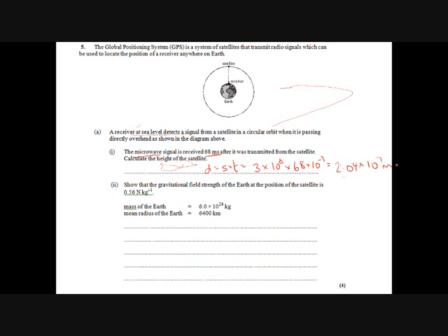Okay, show the gravitational field strength of this position is about 0.56. So we've got some data. So this is g equals GM over r squared.